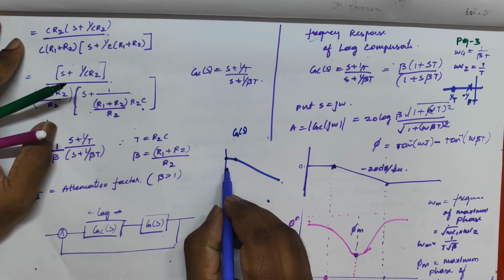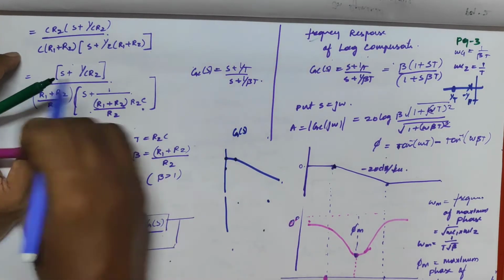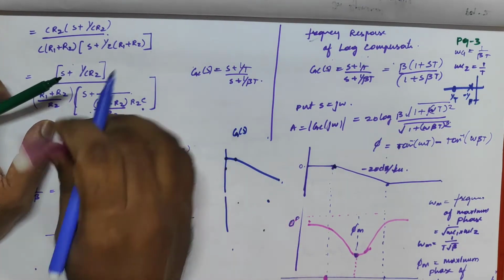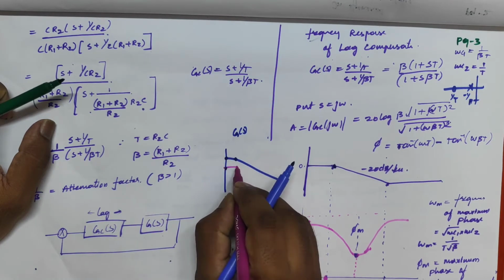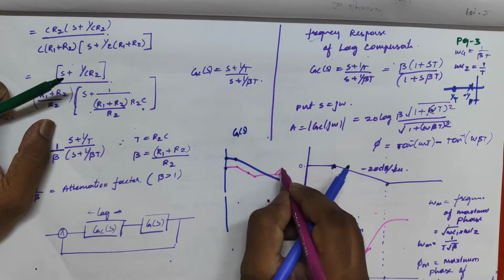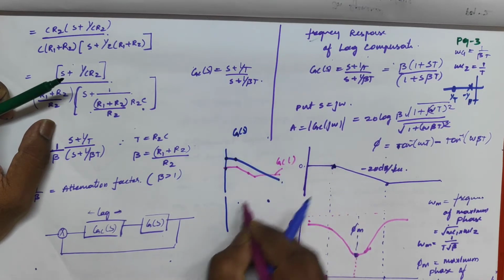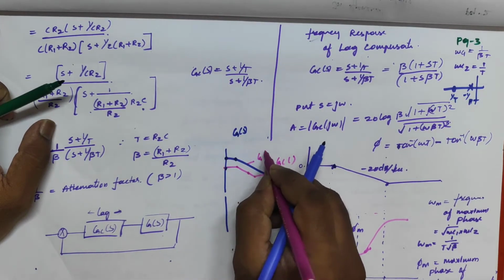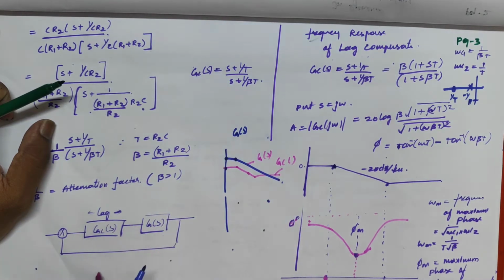The Bode plot of the lag compensator may be like this. This is the compensator Bode plot and this is the main plot. After cascading, we get G(s), which is called the overall transfer function.